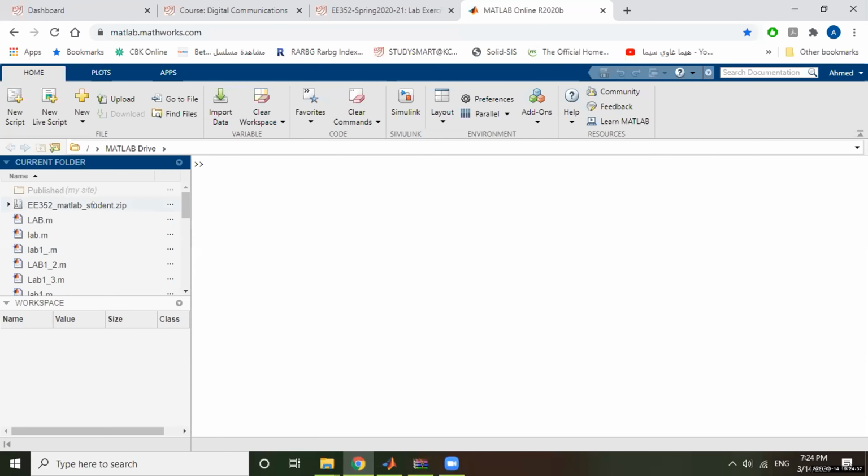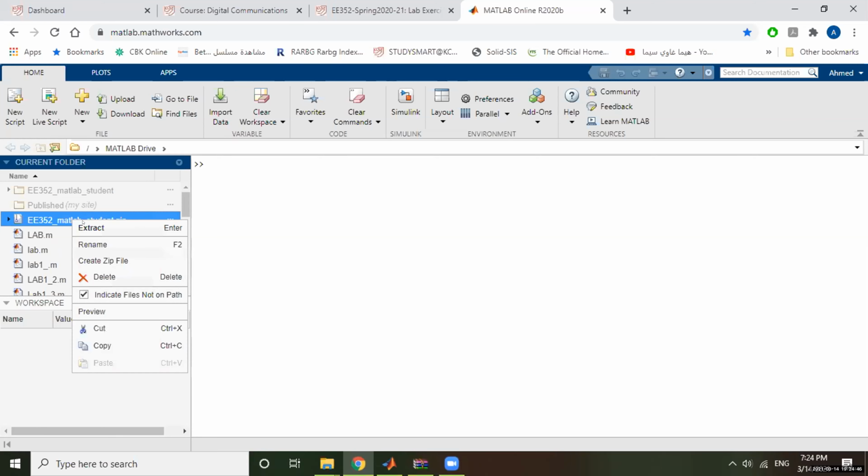Okay, good. Now right click on it and then click extract. You see, now right click again.